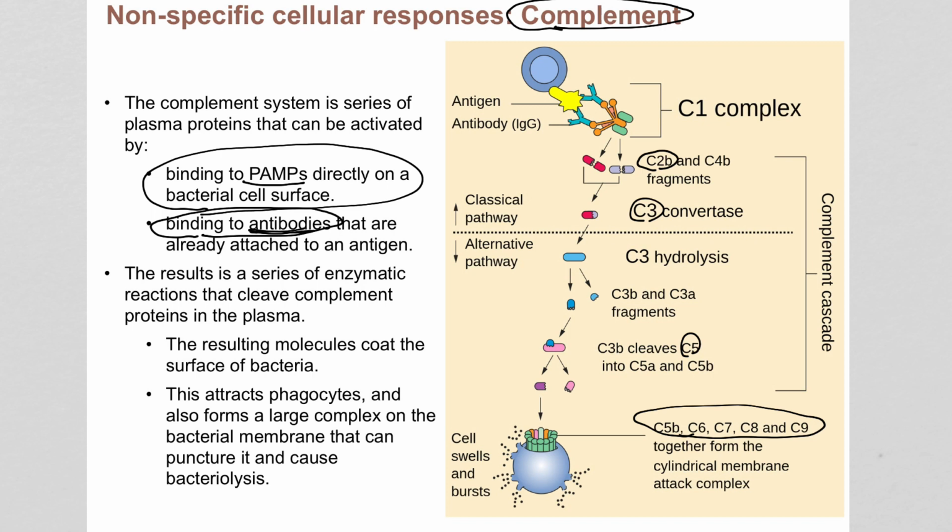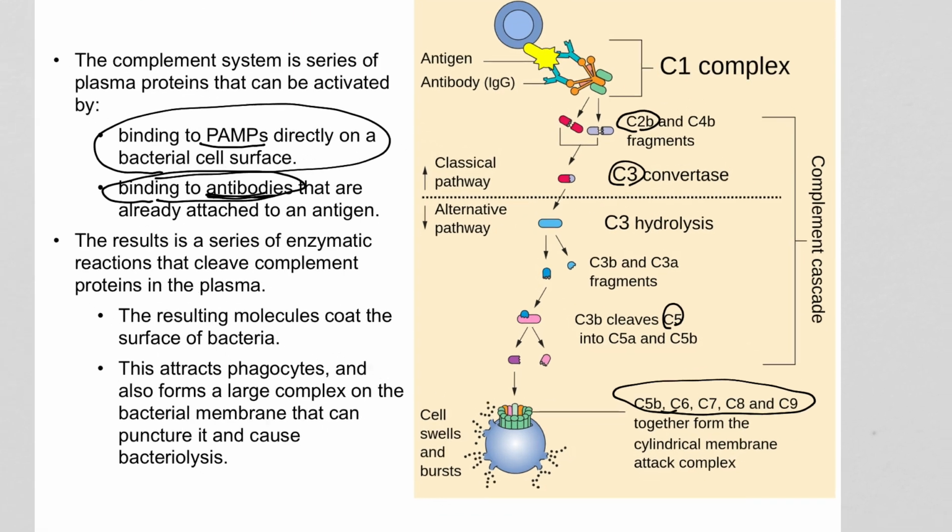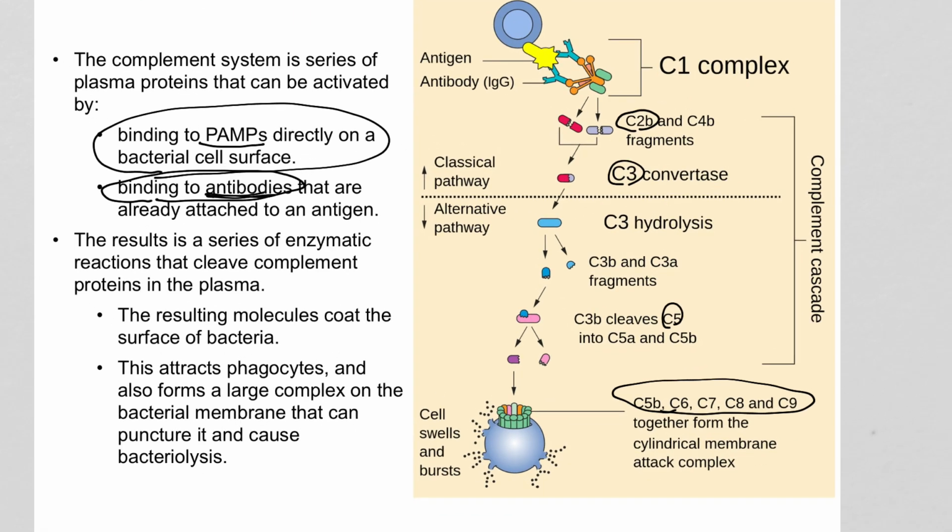So the end result is if complement proteins stick to the pathogen, one, it attracts phagocytic cells. Two, it amplifies the effect of antibody binding. And three, it can also form a protein complex, right? It's sometimes called an attack complex, and it very literally pokes holes, right?